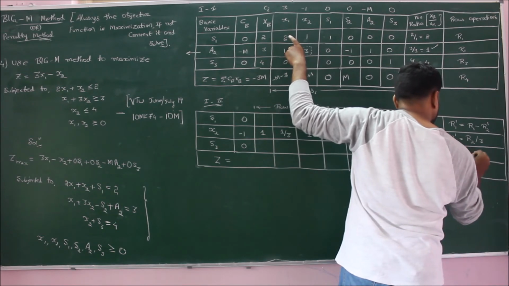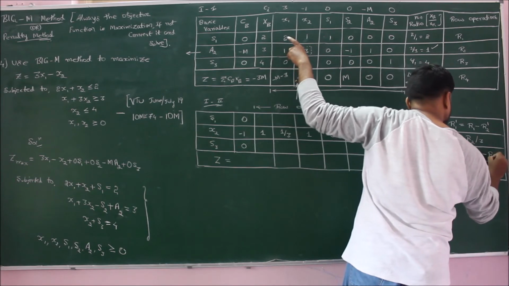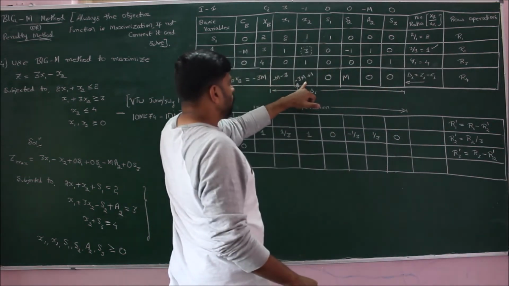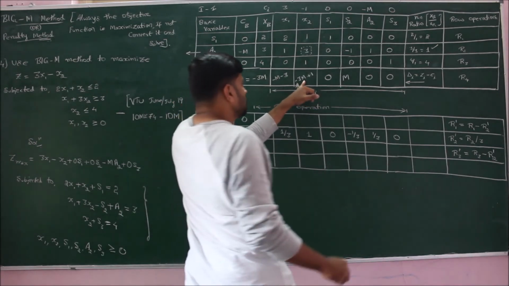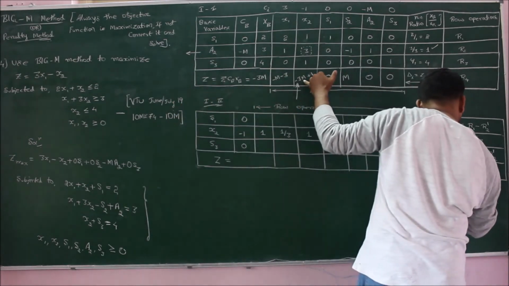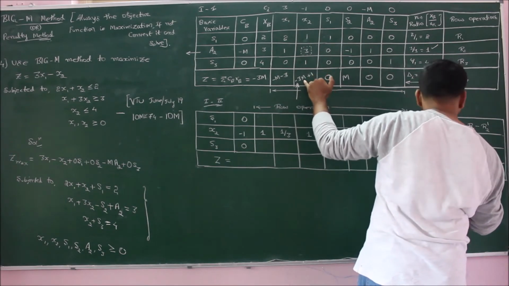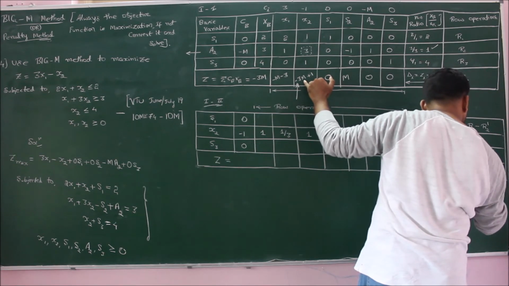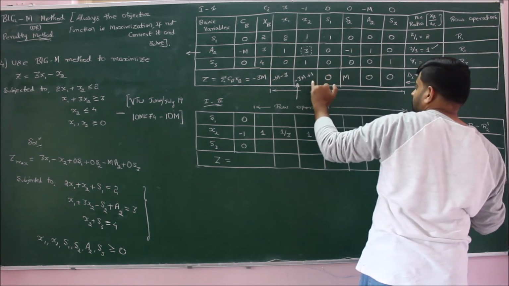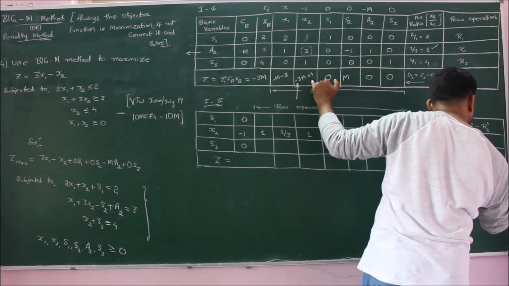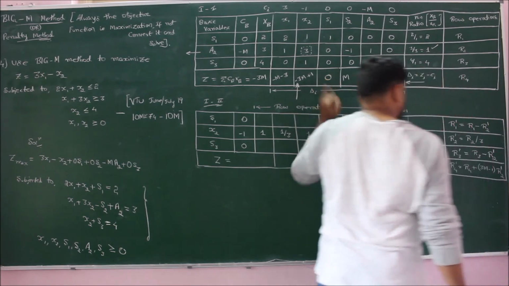New row 3 is equal to old row 3 minus new row 2. And coming for row 4, I should make it as 0. So therefore new row 4 is equal to old row 4. I have minus 3m, so therefore I want plus 3m. I have plus 1, so therefore I want minus 1 times the new row R2 dash.